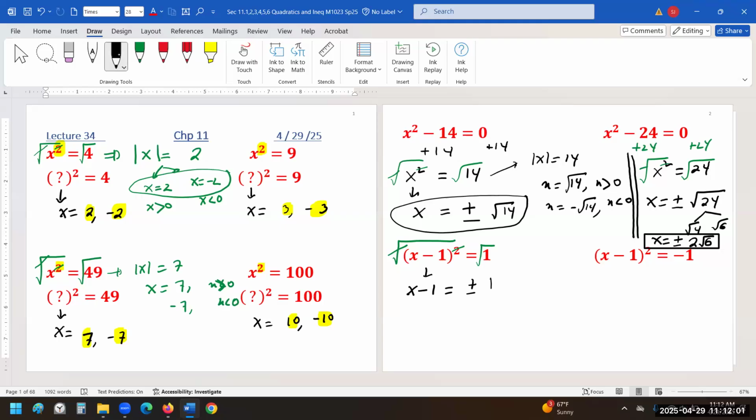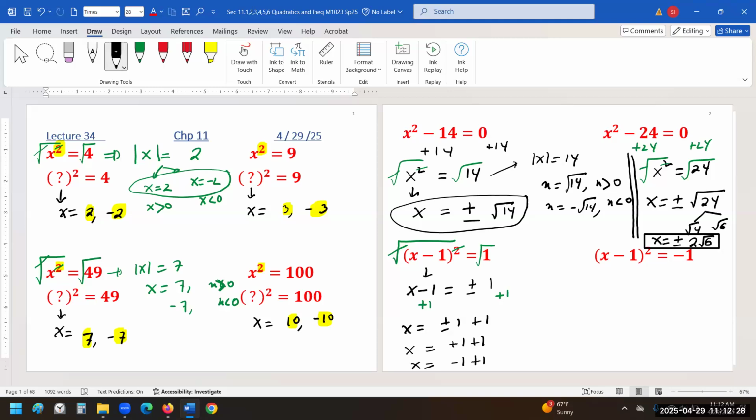And then to get x back, what is the last step? We add 1 to both sides. So we have x equals plus minus 1 plus 1. It looks weird, so we have to separate them. Our x is either plus 1 plus 1 or it's minus 1 plus 1.